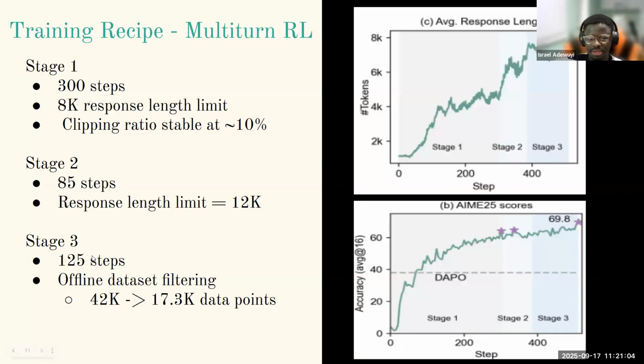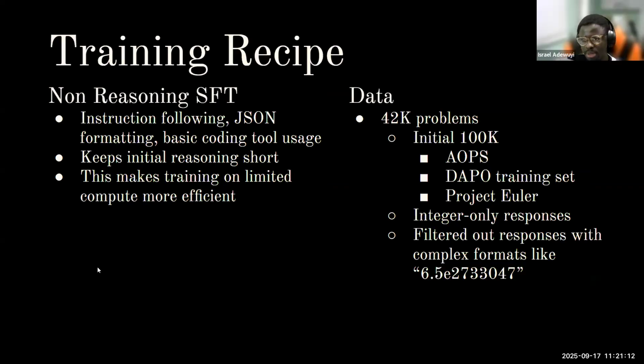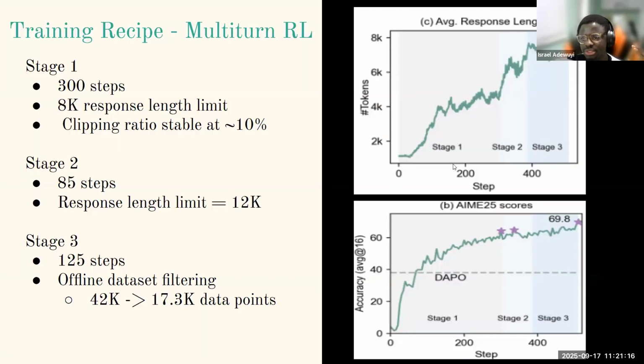Then for stage 3, they carried out offline filtration. The idea is that you have these 42K problems, take the recent snapshots from stage 2, and run all of the problems on them, generating 8 completions per problem.